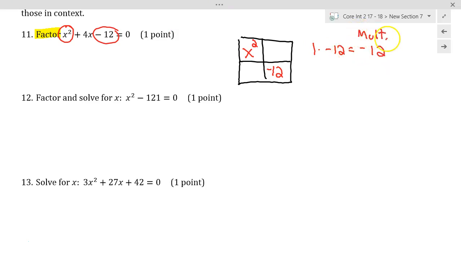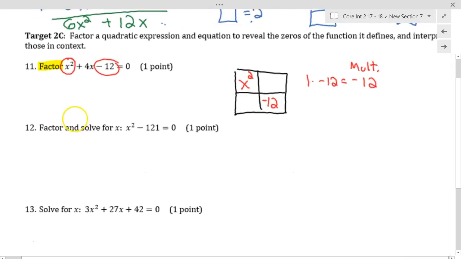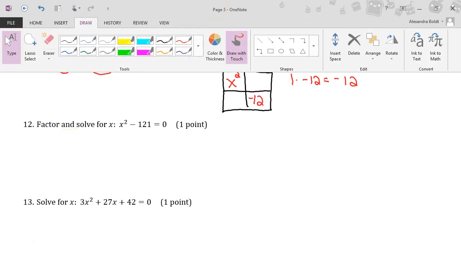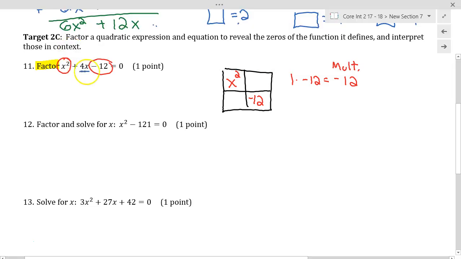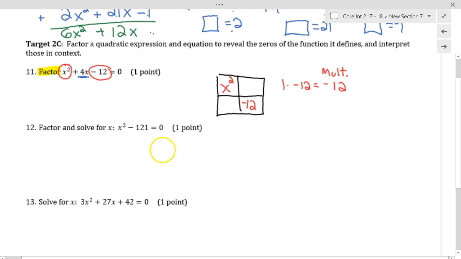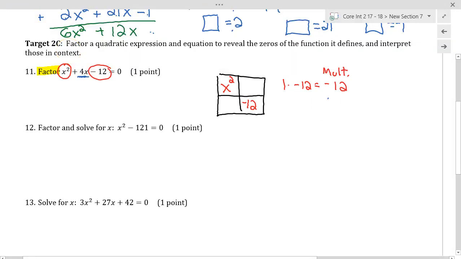That's my multiplier. And then I want to use that middle number to add. So I'm going to add the 4.